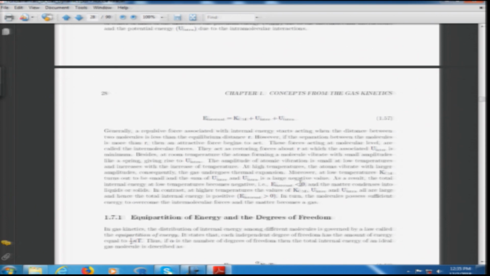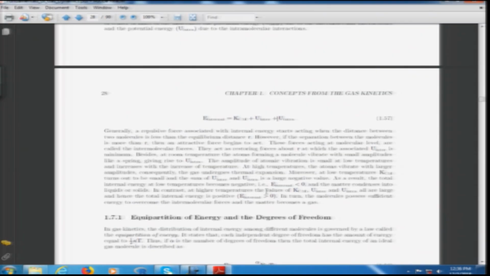Because of this reason, at very low temperature, matter is found either in liquid state or in solid state. However, as soon as you elevate the temperature to very high, all three of them have larger positive values, making E internal greater than 0.